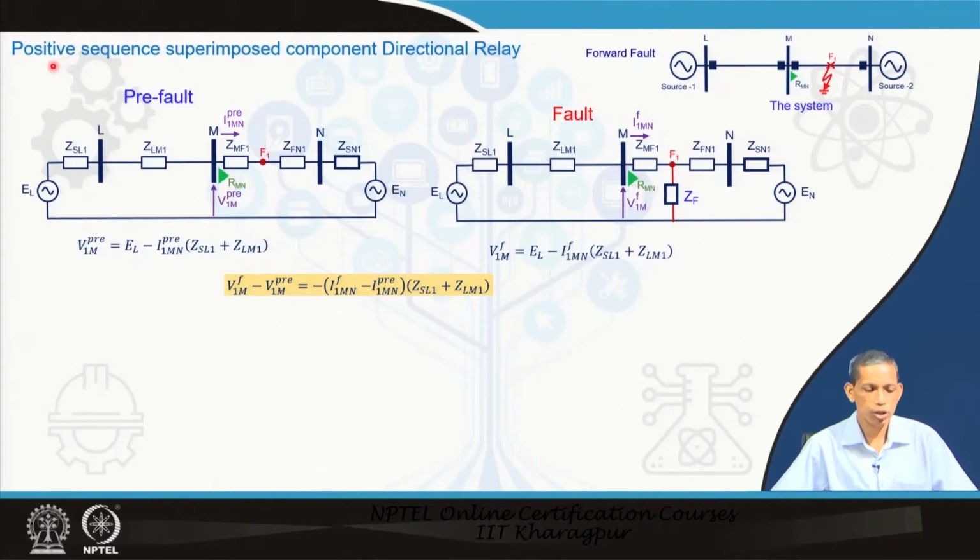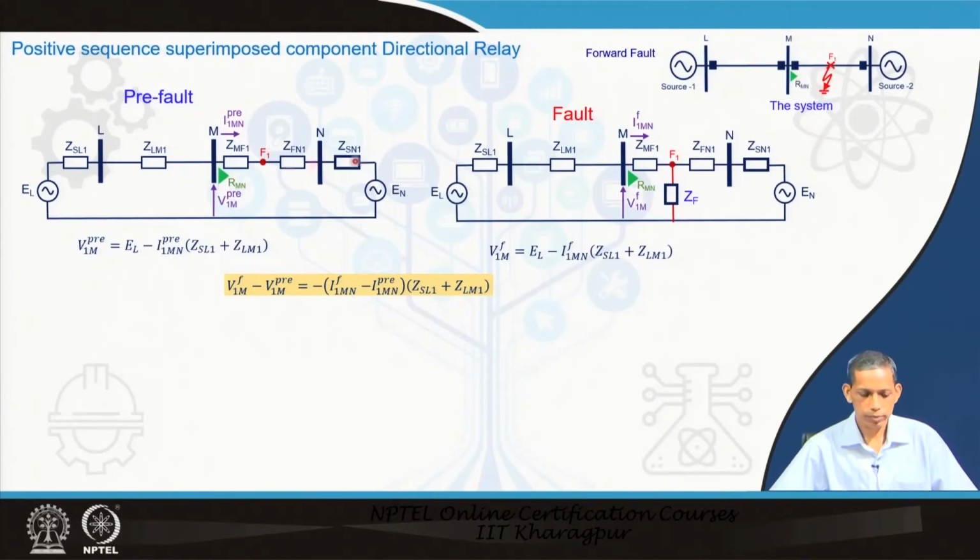So, we will use the positive sequence superimposed component. As already mentioned, the superimposed current is the fault current minus the pre-fault current, that gives us the corresponding superimposed component. Let us consider this system. We have a fault at F1, a forward fault for this relay.